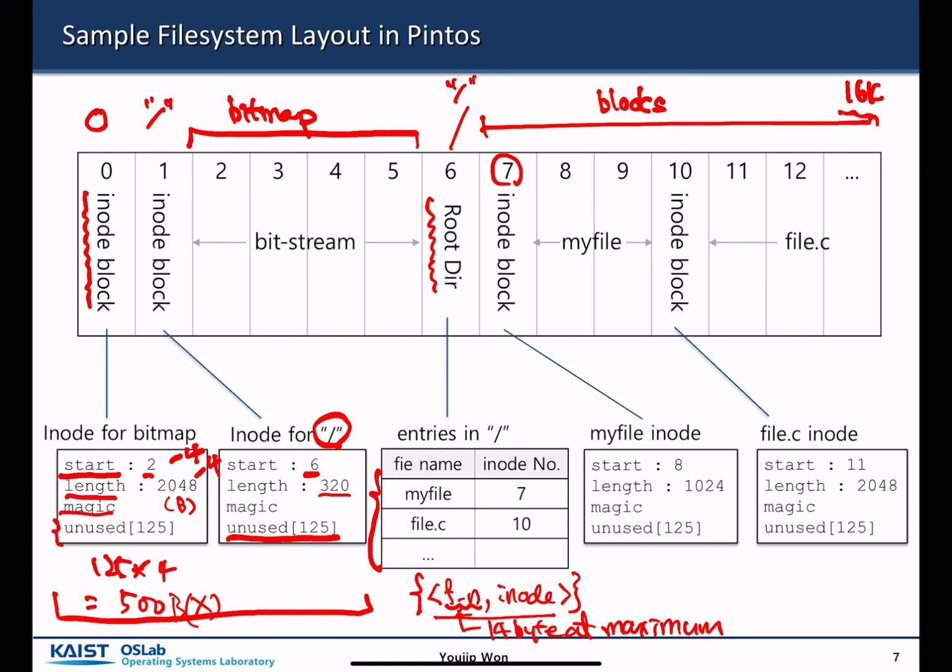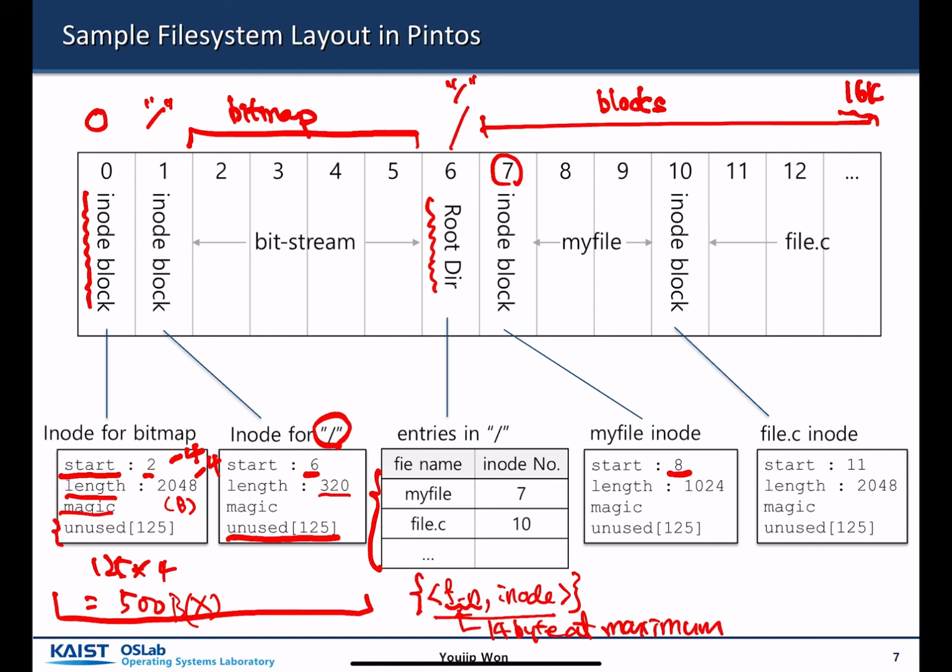In this file system layout, block number 7 contains an inode block, and the name of the file, we don't know what the name of the file is, but let me get back to that point later.